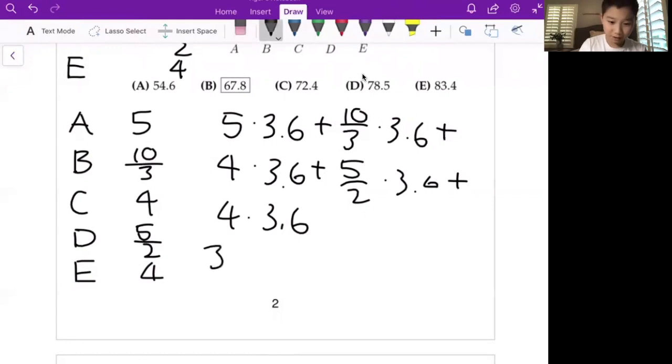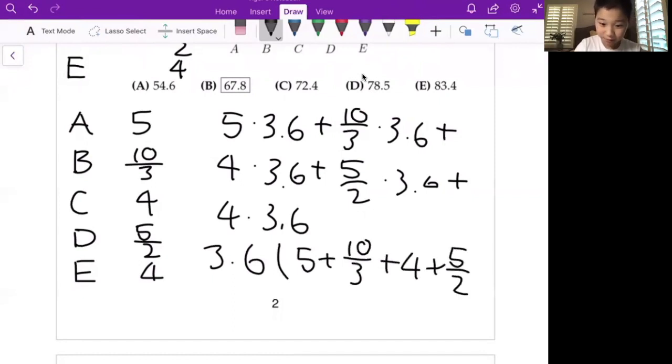Well, let's use the distributive property and factor out a 3.6. Now, this is 5 plus 10 over 3 plus 4 plus 5 over 2 plus 4. Let's clear up some space.